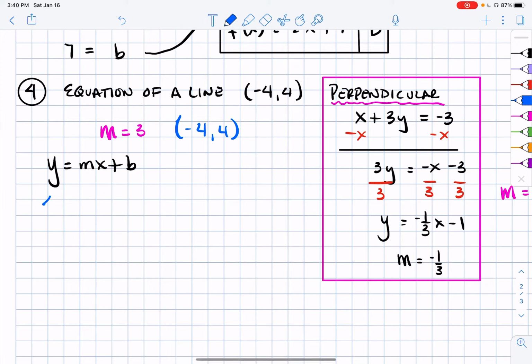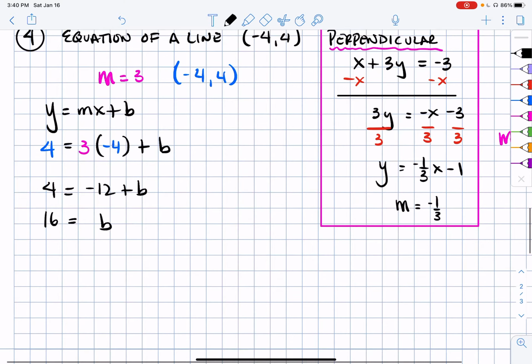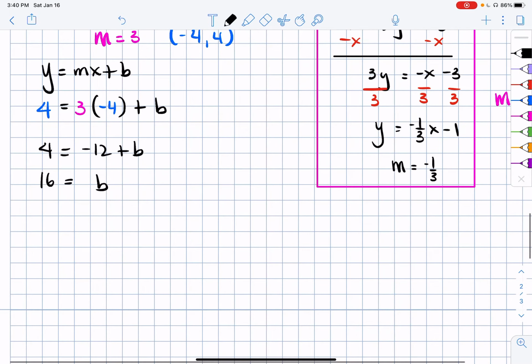The y is 4, is equal to 3 times negative 4 plus b. All right. So what I have now is 4 is equal to negative 12 plus b. So my b is going to equal 16. Okay. So if that's the case, then I can now rewrite this as y equals 3x plus 16.